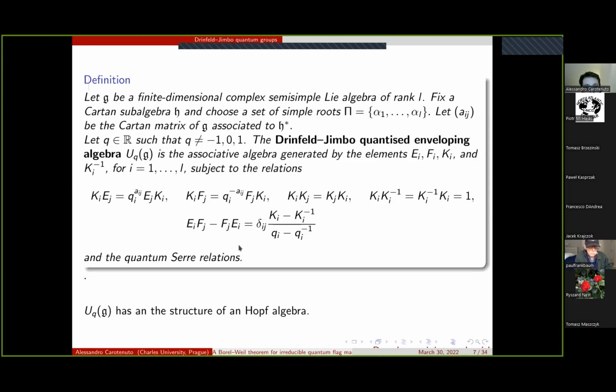And as you see here, the message, I guess, is that the non-commutativity of these depends highly on the Lie theoretic nature of our object. As a matter of fact, and as everybody knows again, U_q(g) has the structure of a Hopf algebra.